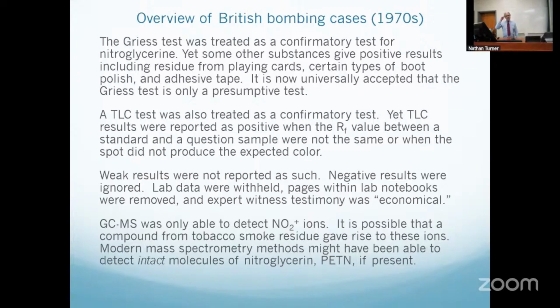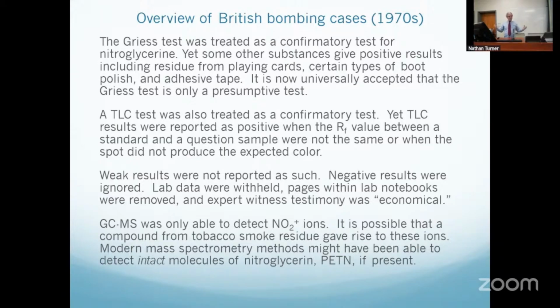The problem is that the nitroglycerin would be decomposed in the gas chromatography, mass spectrometry, so all we could see was NO2 plus. We could only see plus or minus ions in a mass spectrum. In this case, they were detecting NO2 plus.